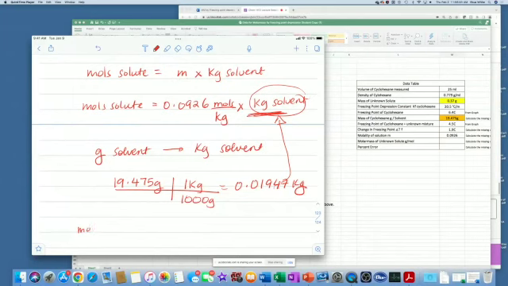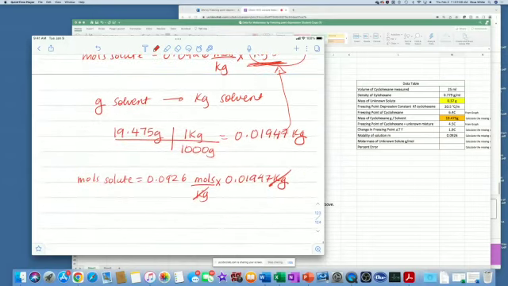Okay, so moles solute equal 0.0926 moles over kilogram times 0.01947 kilogram. Okay, this and this cancels out, so we get our answer in moles.